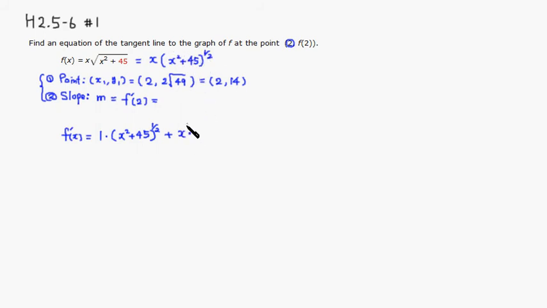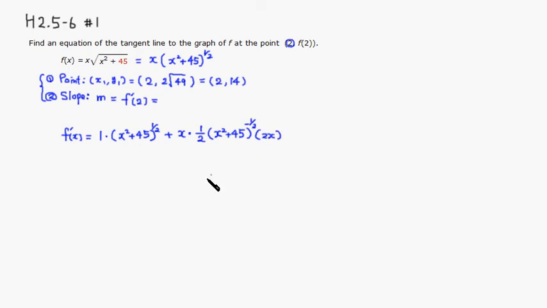Using the general power rule, put 1/2 in front, keep the same quantity x squared plus 45, then subtract 1 from the power, so it's negative 1/2. Then by the chain rule, multiply by the derivative of the inside, which gives us 2x.